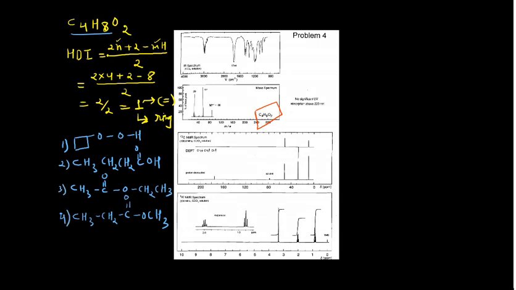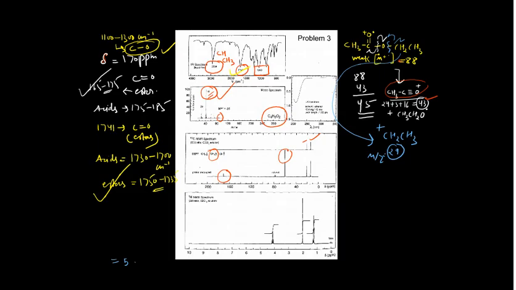Now, if you quickly recall my previous problem, this was my previous problem, C4H8O2. This was the problem I have already solved for you, and for it you had this particular structure, CH3, C double bond O, O, CH2, CH3.